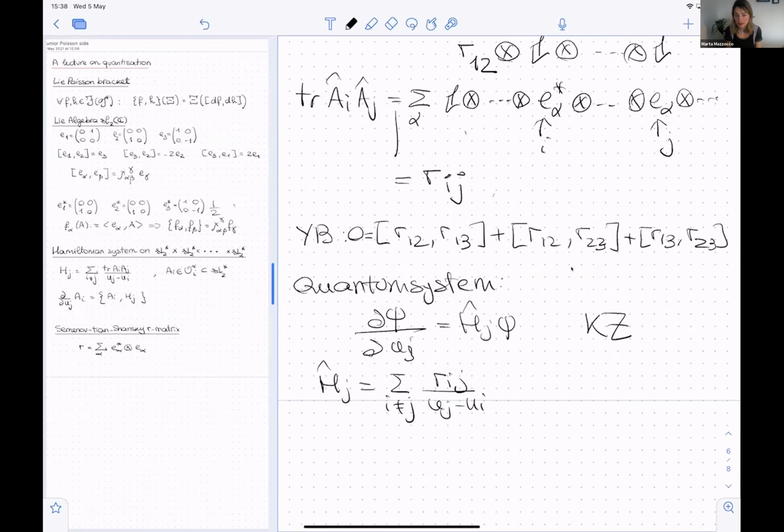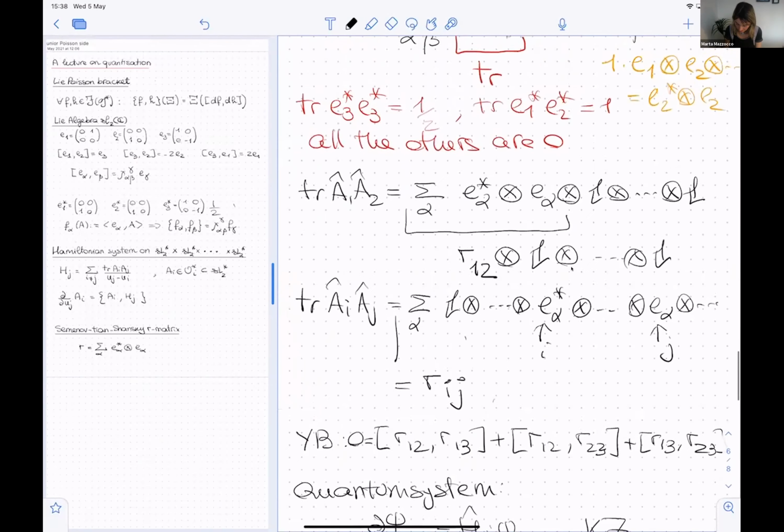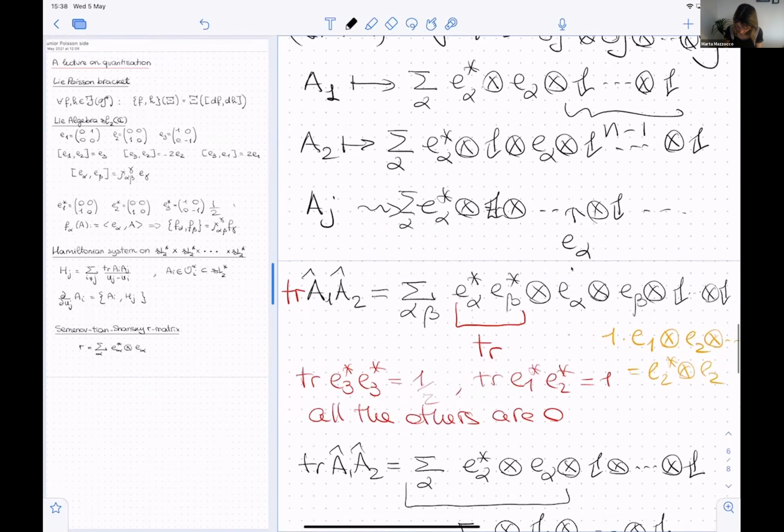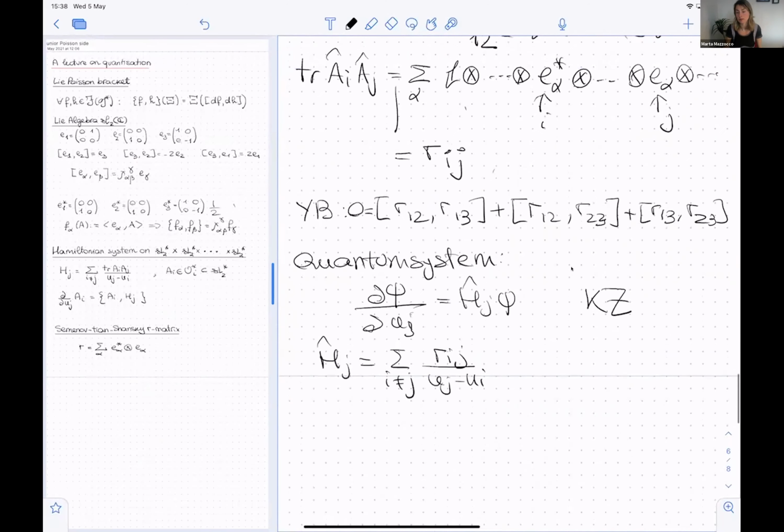So I must say, by the way, that this trick of quantizing in this way was something Ilya taught to me, because in fact, in the paper of Reshetikhin, it just starts with the equation in this form and goes the other way around.